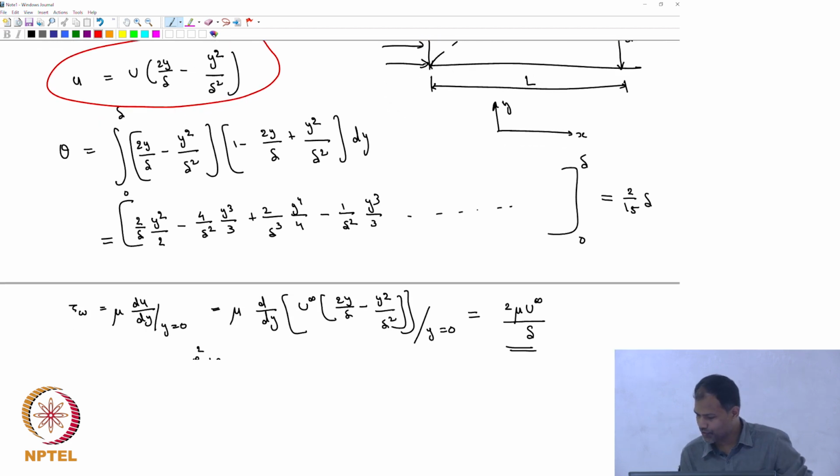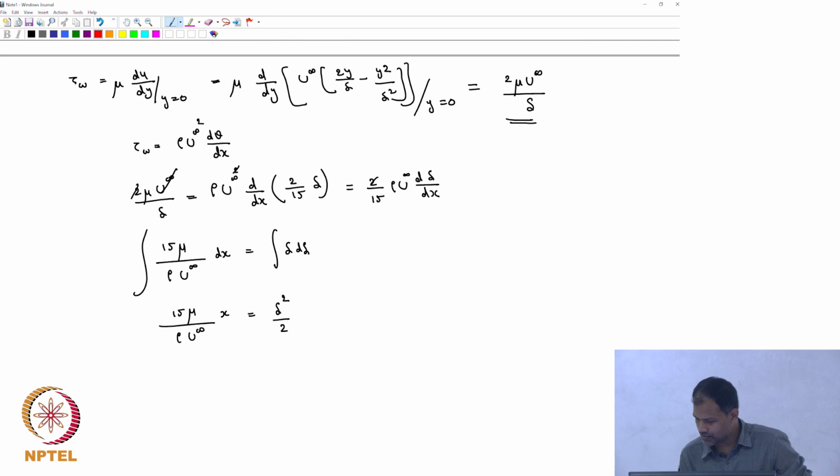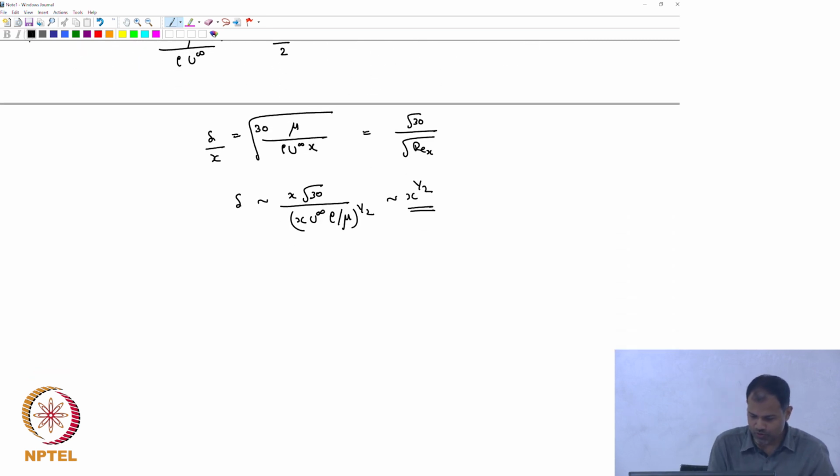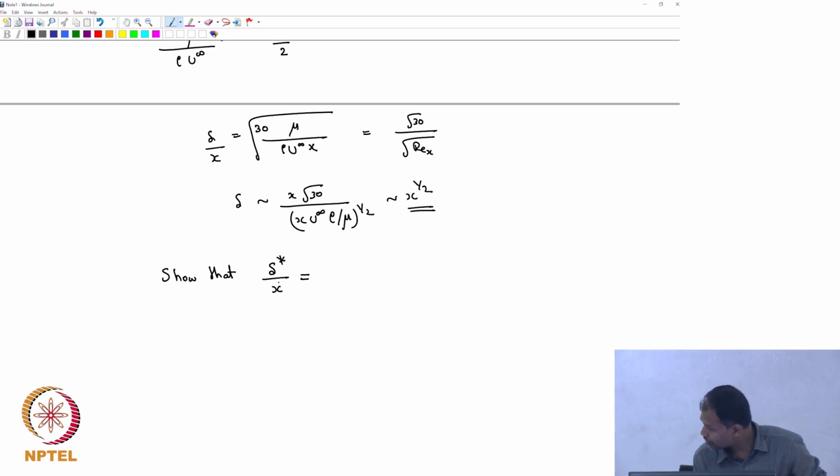So homework for you, just use these expressions and try to show that delta star by x is equal to 1.83 by square root of Rex, where delta star is the displacement thickness.